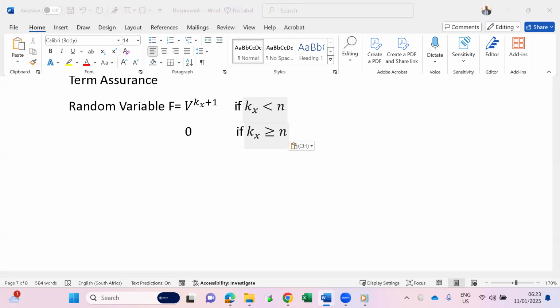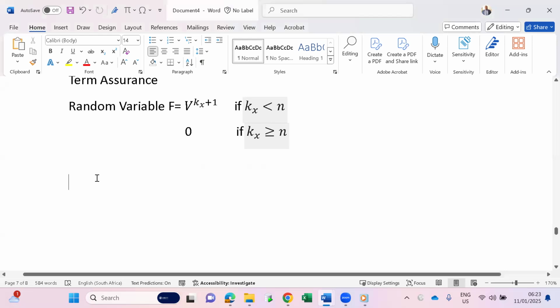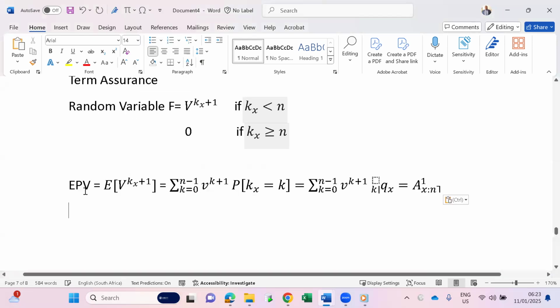So we're now going to define the expected present value. For the expected present value, you're still taking the expectation of that random variable. It's now up to n and not infinity.